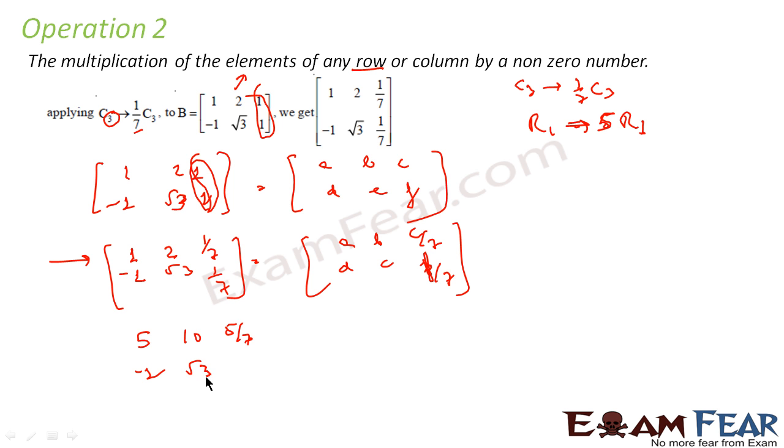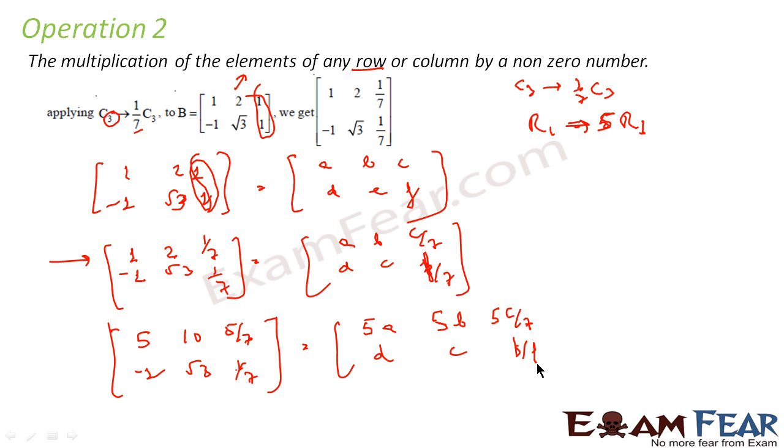This will be the same because I'm not touching anything in it. Correspondingly, on this side you have to multiply by 5, so this becomes 5a, this becomes 5b, this becomes 5c by 7. This is d, e and f by 7, not changing. So if you see what we have done, we have changed this. Here we have applied R1 equal to 5 R1.